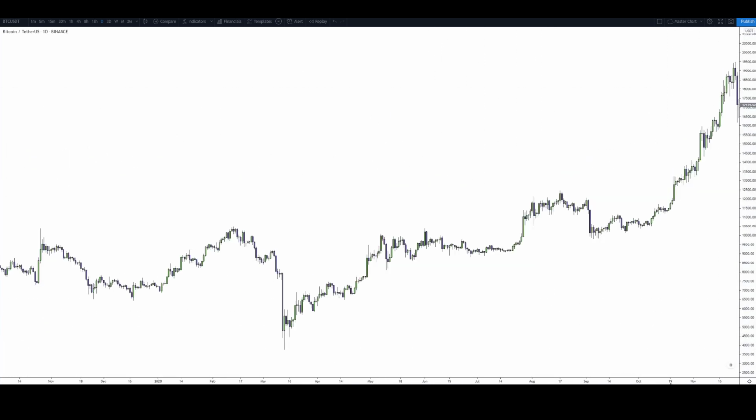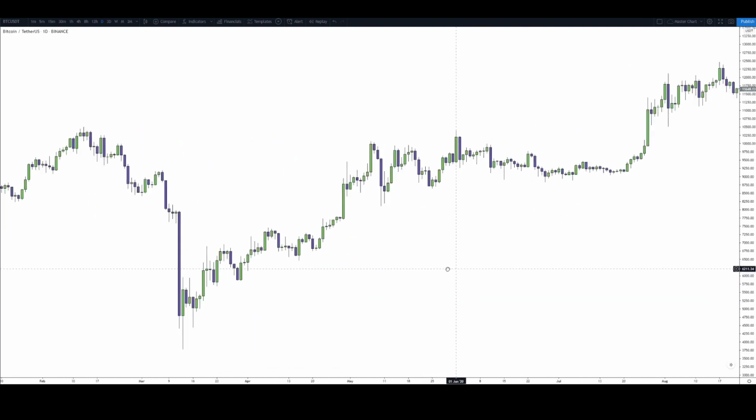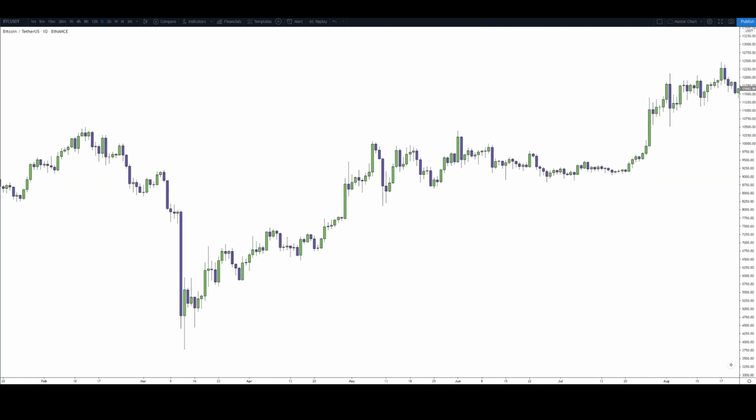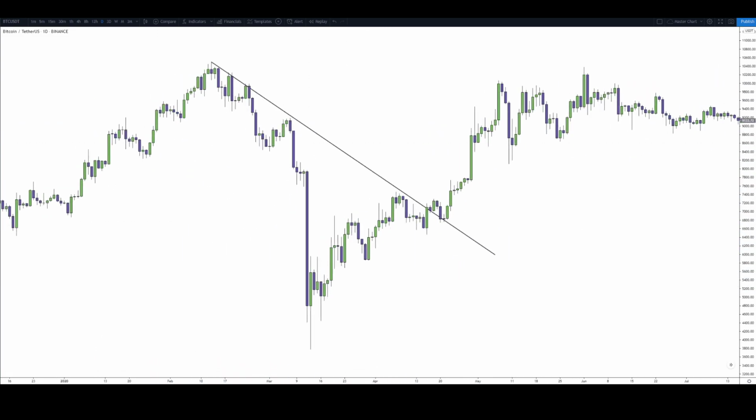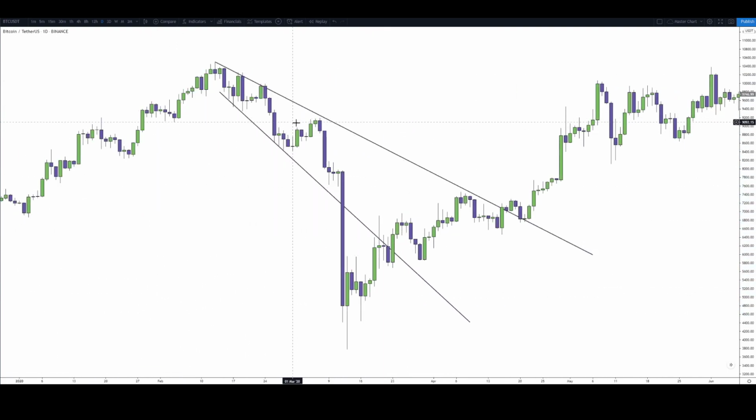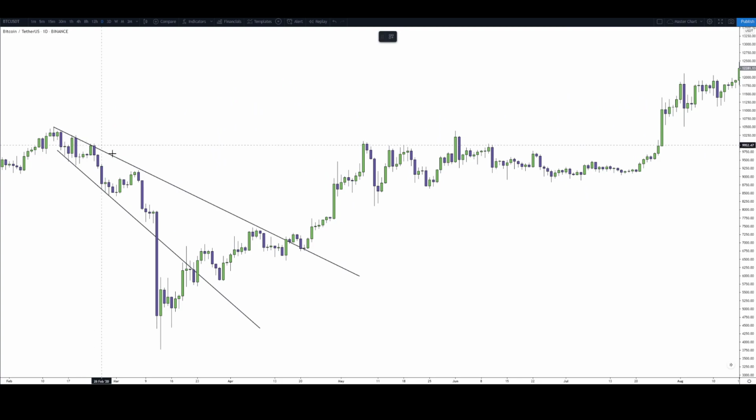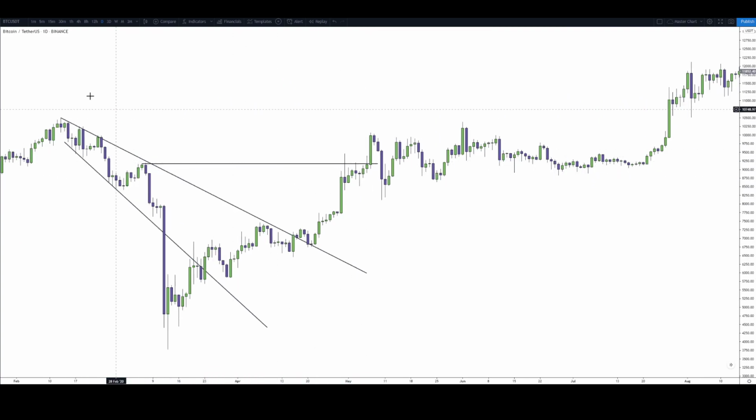The log here, this one here. So this was the big BDW of COVID, right? So the entire COVID dump ultimately was just one large bump and run, or one large broadening descending wedge. Target 1 was here, right? Target 2 was up here, and that's exactly where we rejected on both those. Right, straightforward, rejected there.